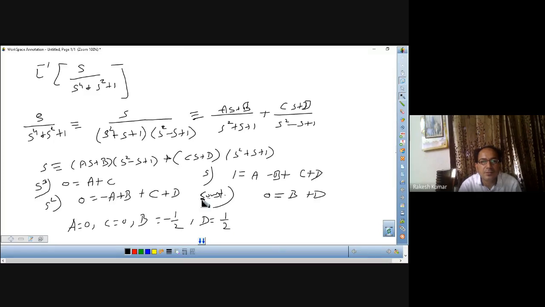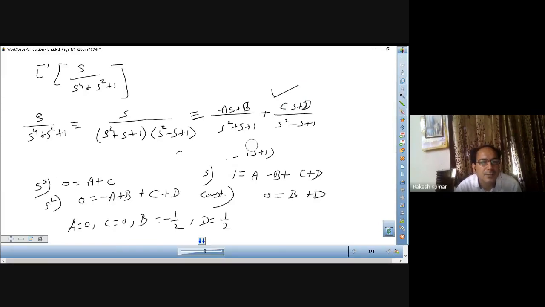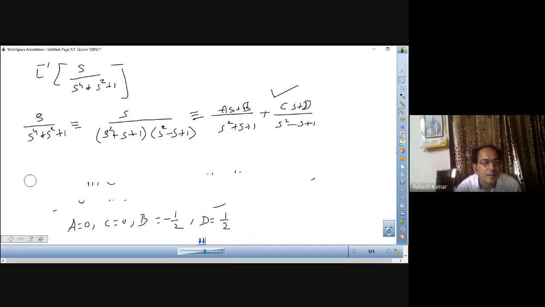Now we need to substitute the values in this expression. If a is 0, this will be 0, and that will be b upon s square plus s plus 1, and c will be 0. Sorry, put the value of b also.